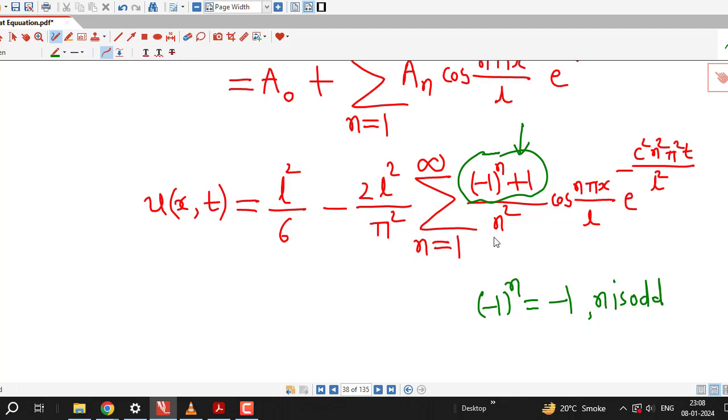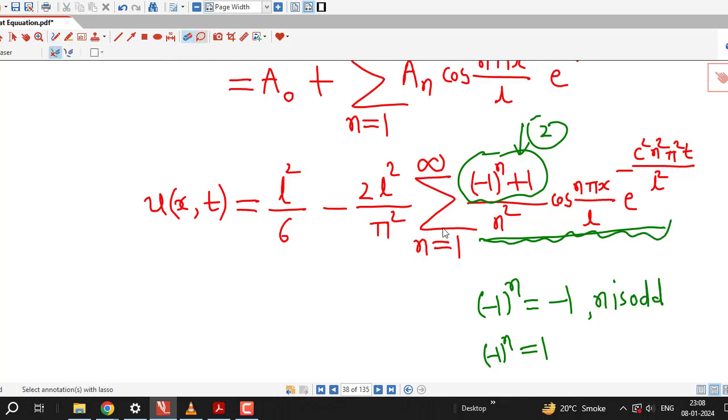If n is odd, then this quantity is going to be 0. If n is even, minus 1 raised to n is 1. So this is going to be 2. If n is even, then this quantity is 1 plus 1, that is 2. So we have non-zero contribution for even values of n only.